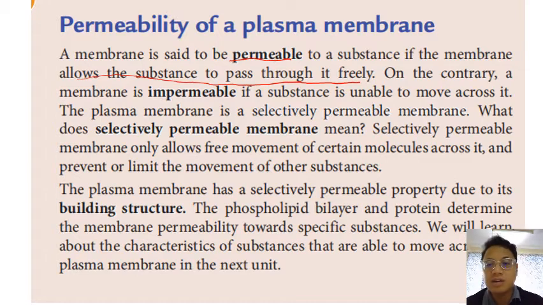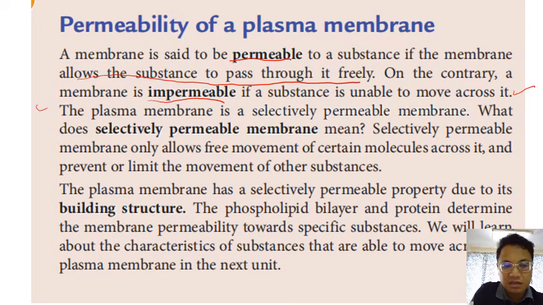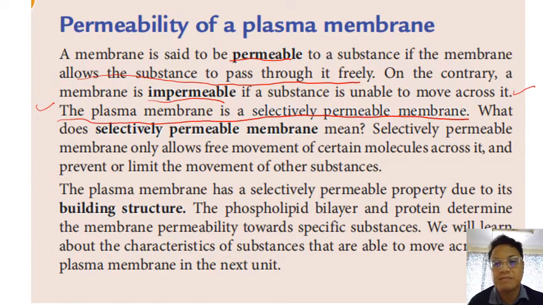On the contrary, a membrane is impermeable if a substance is unable to move across it. The plasma membrane is a selectively permeable membrane. This is an important characteristic of plasma membrane, selectively permeable.